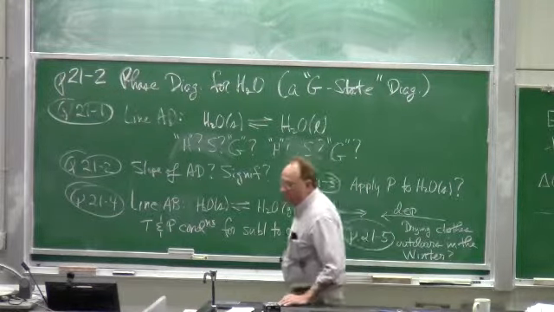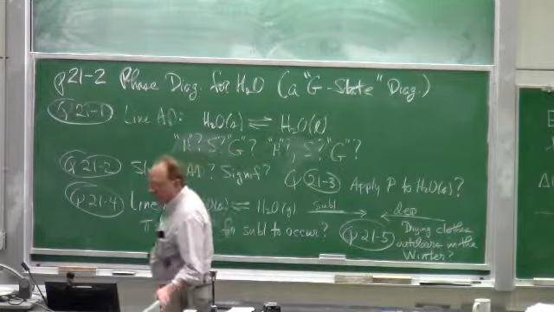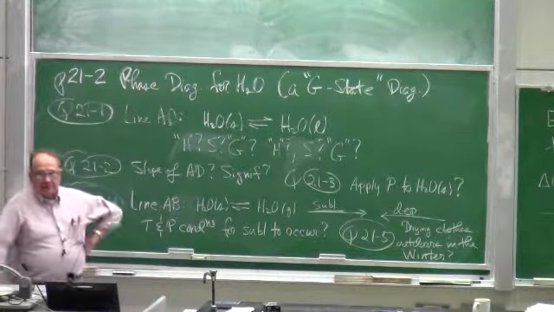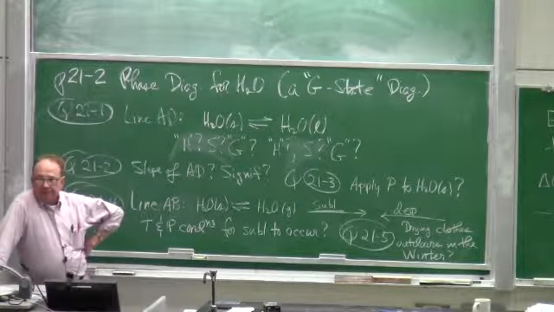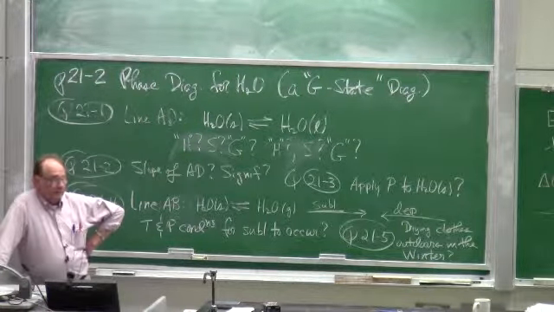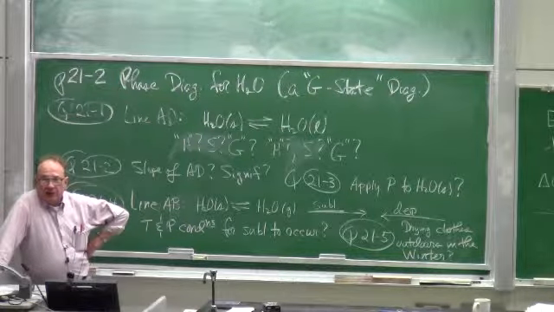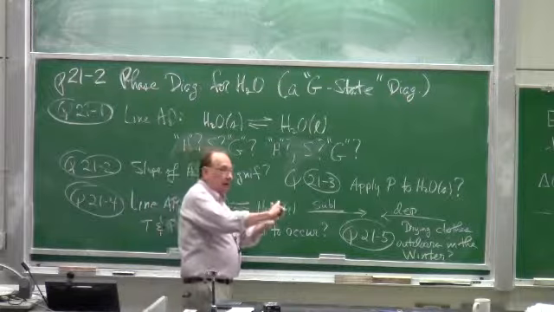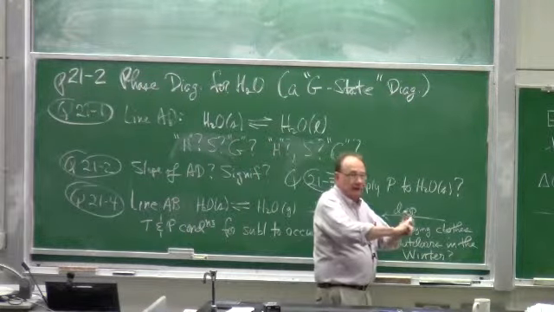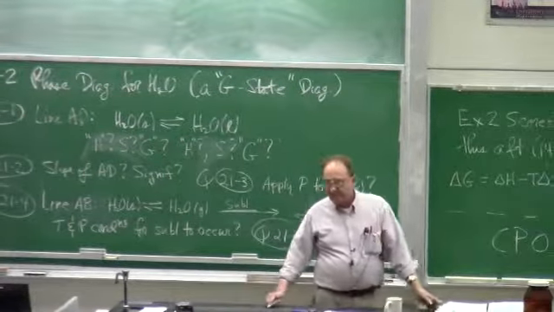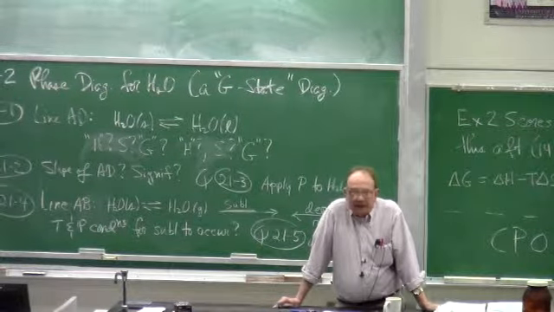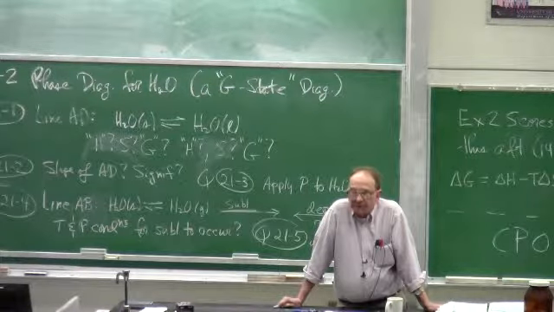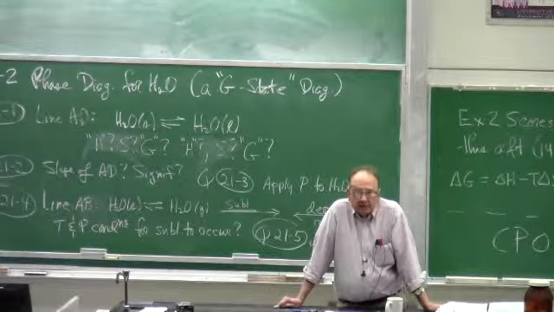So let's talk about some specific parts of the diagram. Like the three lines which separate the three phases. A, corresponding to the most common triple point for water, where water solid, water liquid, and water vapor are in simultaneous equilibrium. With point A connected to point D, that construction separates water solid phase from water liquid phase.